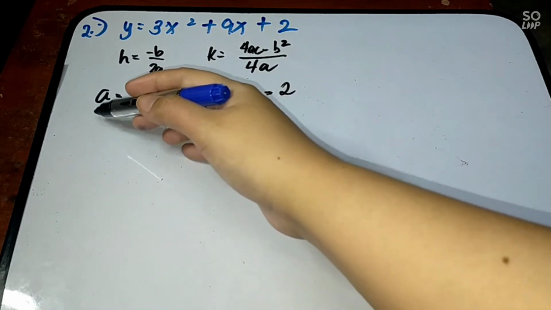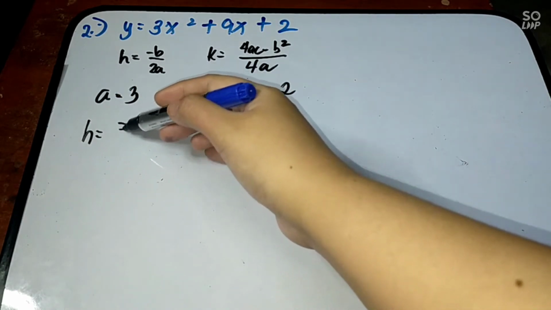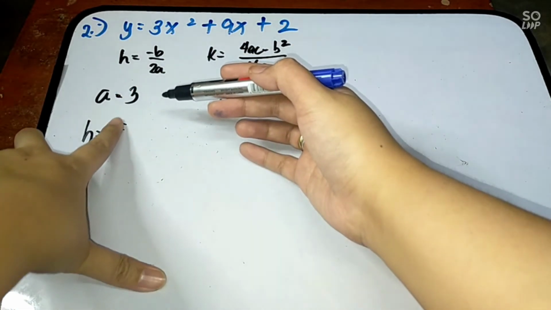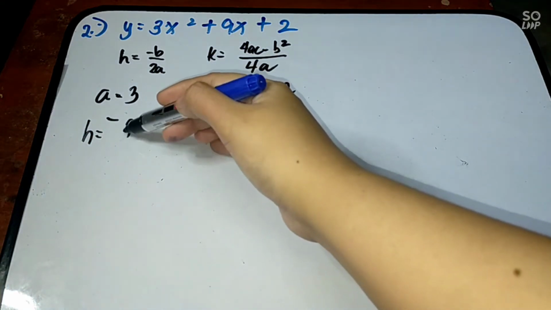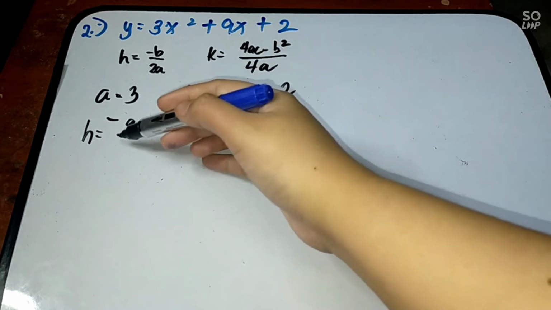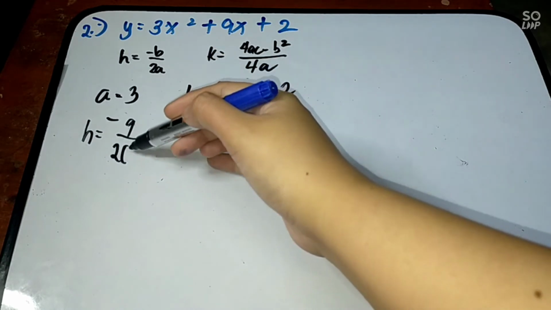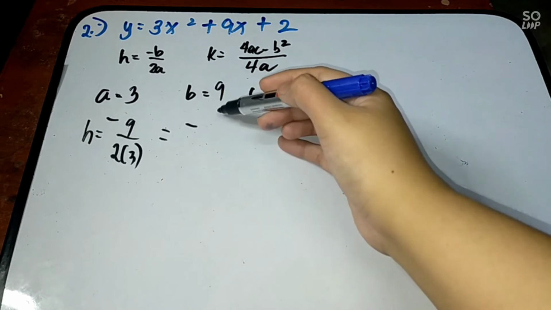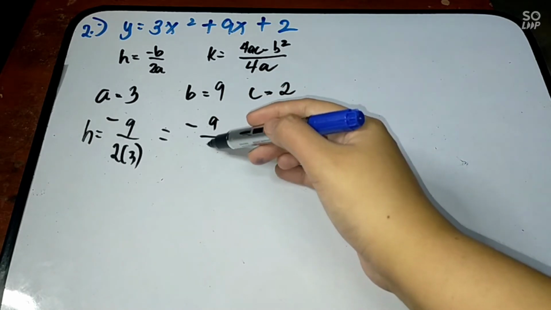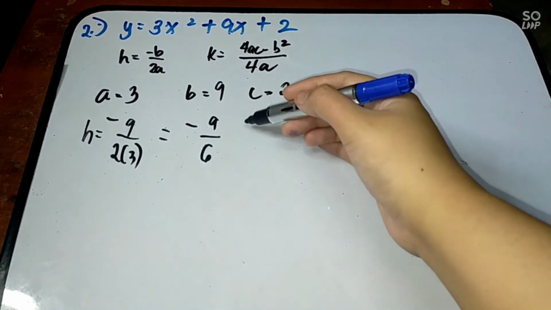Let us substitute for your h. So, your h, we have here, that is negative. Ang b natin, we have here 9 over we have here 2 times 3. It is equal to negative 9 over 6. 2 times 3, we have 6.